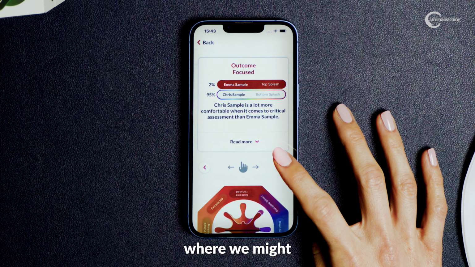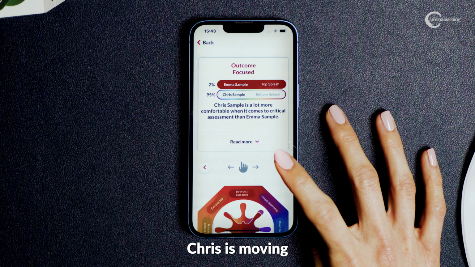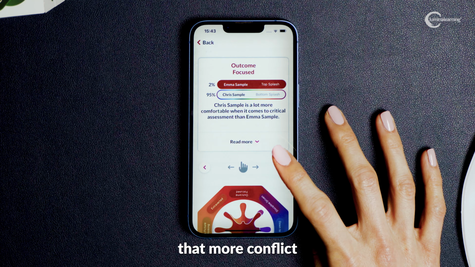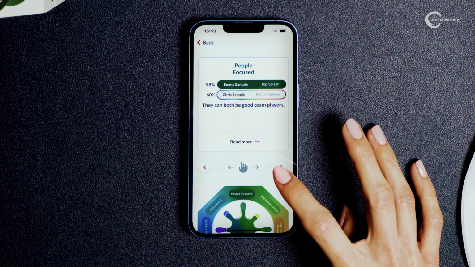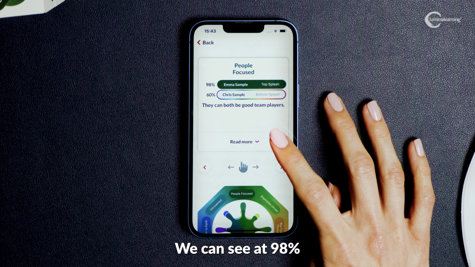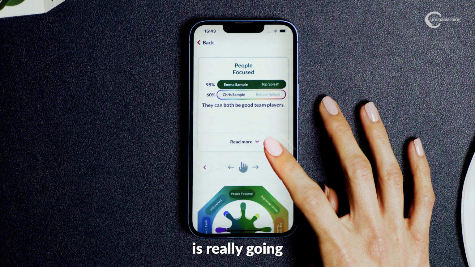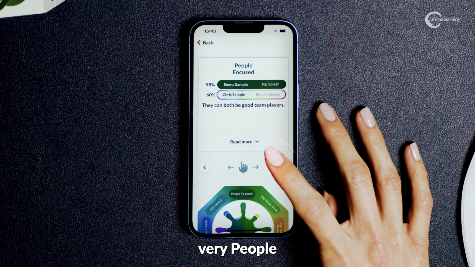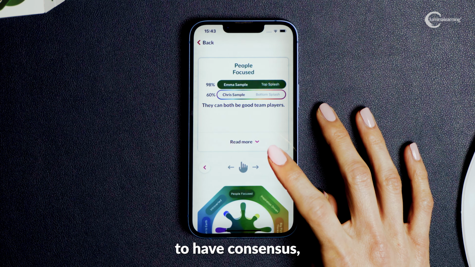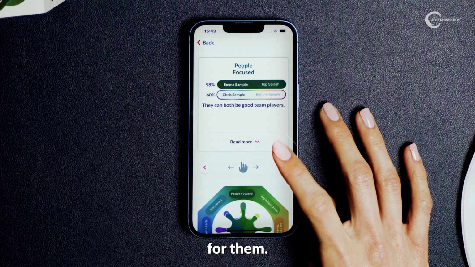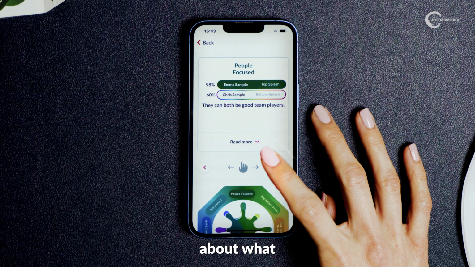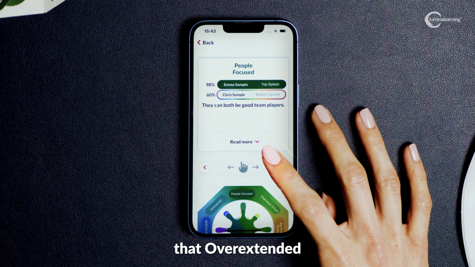So this is really where we might find that Chris is moving into that more argumentative place, that more conflict-driven place, whereas Emma perhaps, especially if we take a look at her people-focused, we can see at 98%, when she's under pressure, perhaps Emma is really going into a place of being very people-focused, wanting to have consensus, wanting to avoid conflict. So this could be a real problem for them. And so it'd be worth having a conversation about what they would do if that overextended situation was to arise.